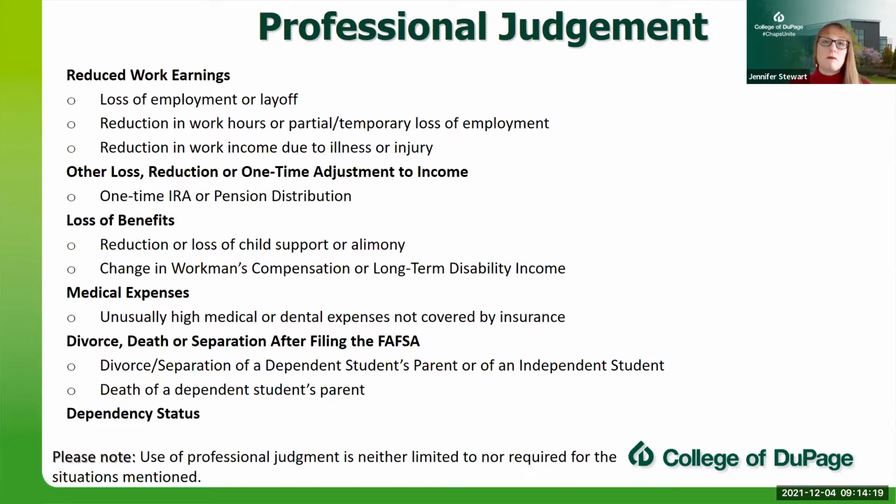So again, what I would recommend is still submit the FAFSA as is. Once you get the email from us confirming that we received your results, at that time, you can request what's called a professional judgment form from our office to let us know that there's been a change in the family income.